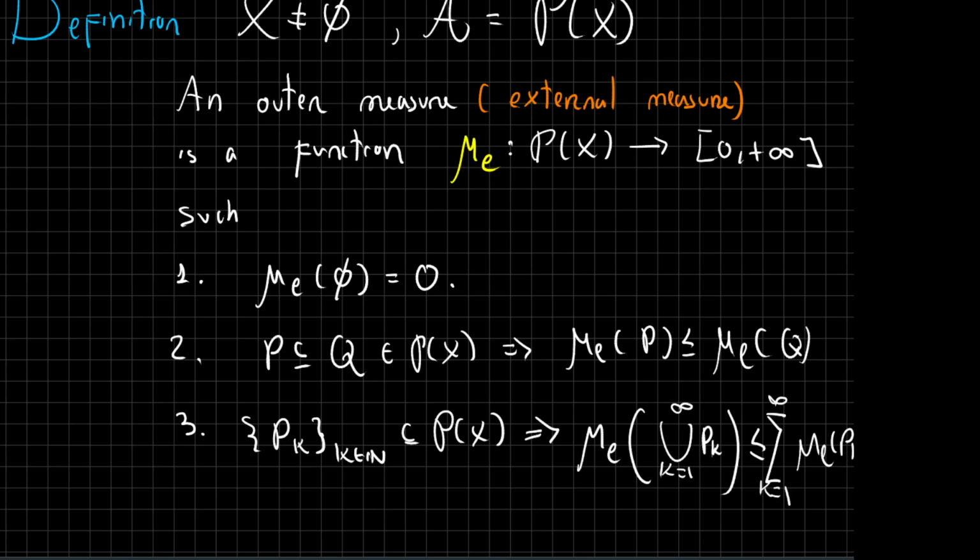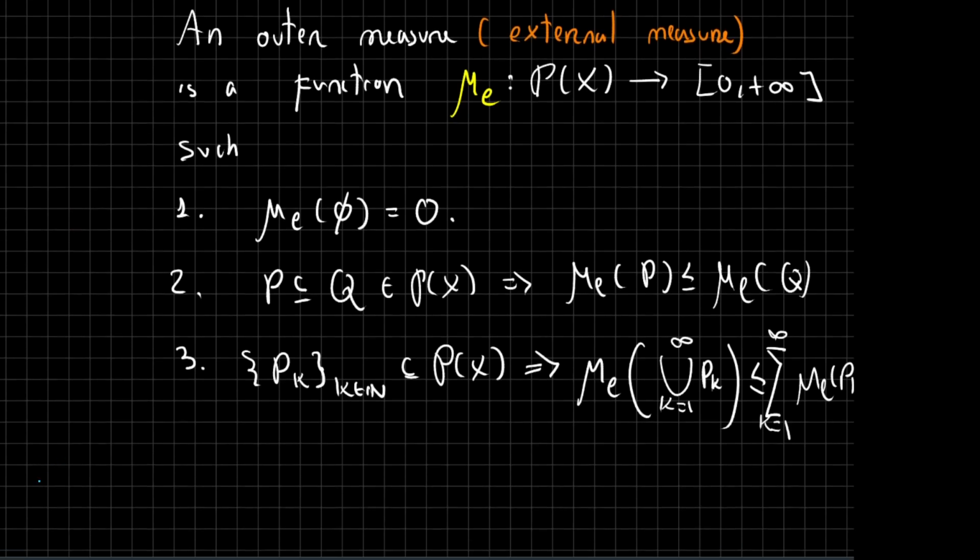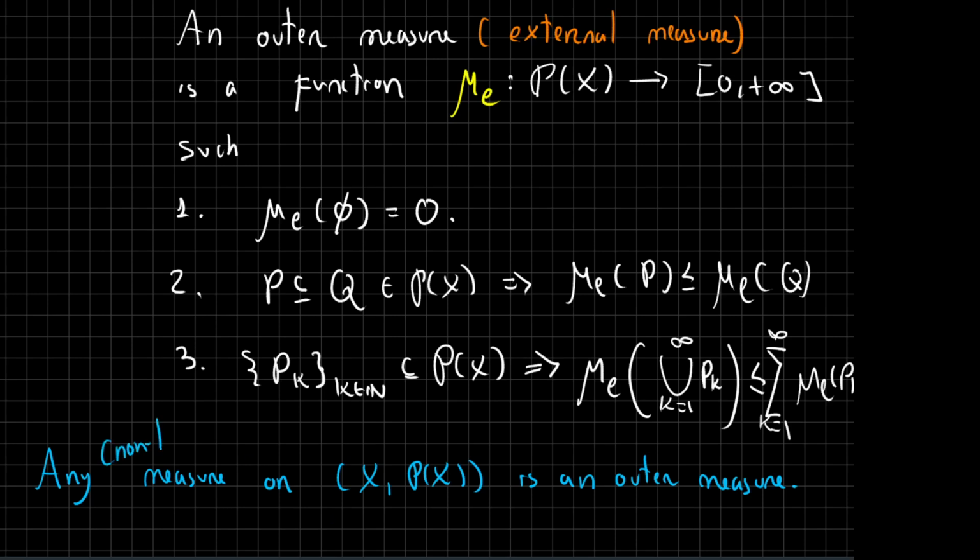So this is the outer measure of this one. From this property, it is clear that we can write here that any measure on some measurable space X and power set of X is an outer measure. Any non-trivial, because you need to recall that we had a trivial measure in which any set was assigned plus infinity.